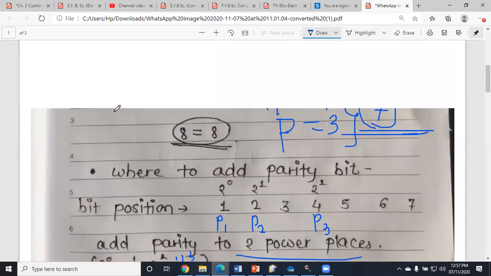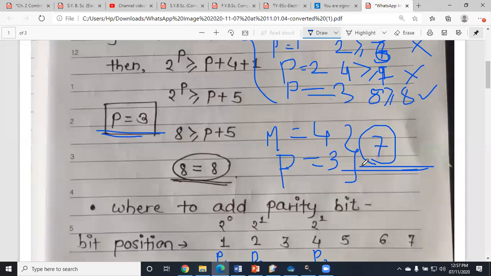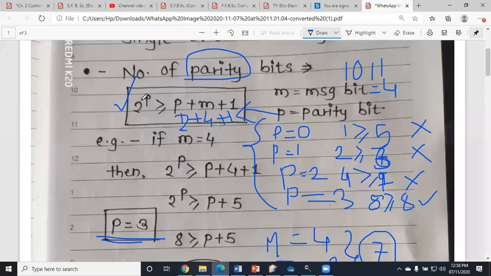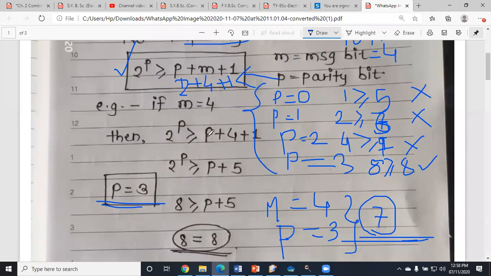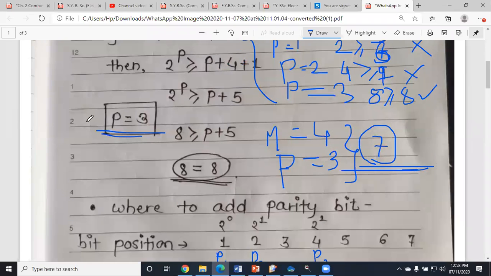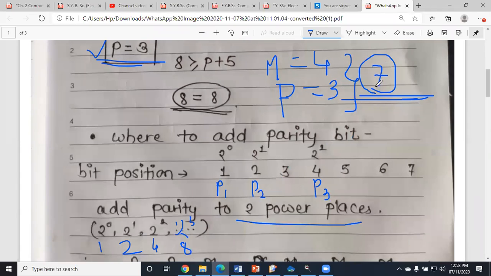Now the thing is, इथपर्यंत सगळ्यांना समजले how the 7 bits come? 4 message bits, 3 parity bits. 3 कुठून आणले parity bits? We simply use this formula, 2 raised to p is greater than or equal to p plus m plus 1. Message bits are already given, these are 4. By solving this equation, we get p is equal to 3. 4 message bits, 3 parity bits. Total number of data is 7 bits. Now, where to add parity bits in that 7 bits, right?